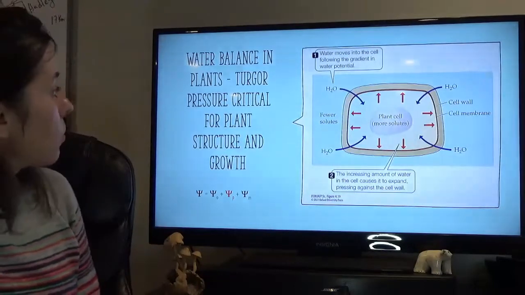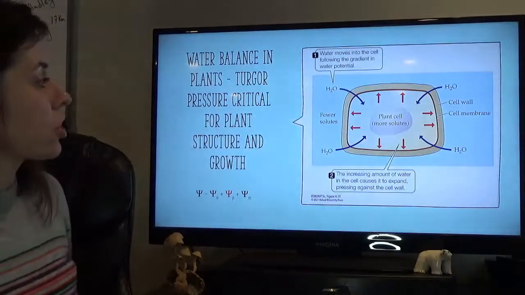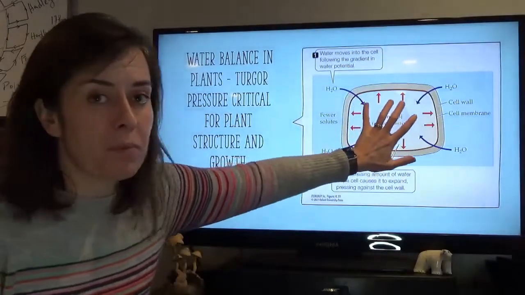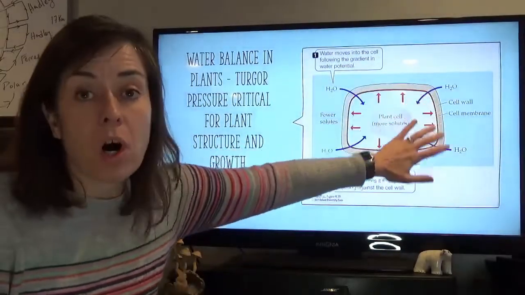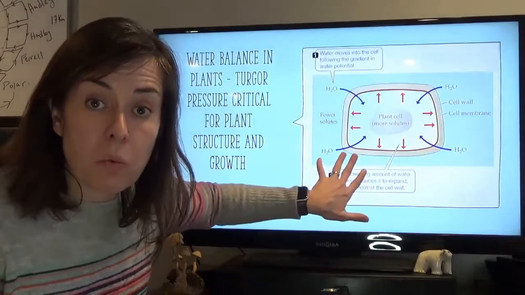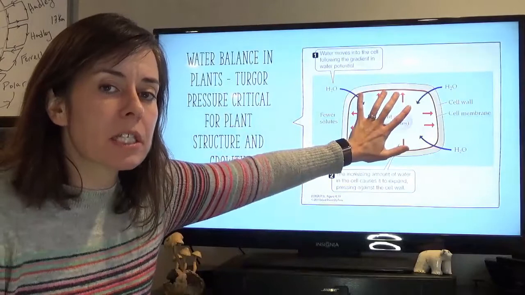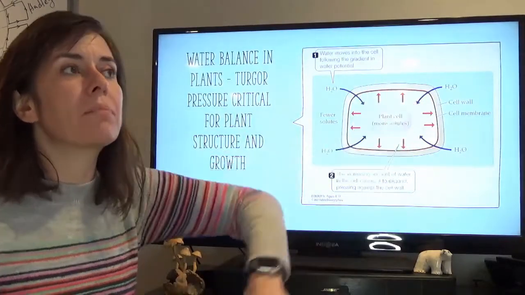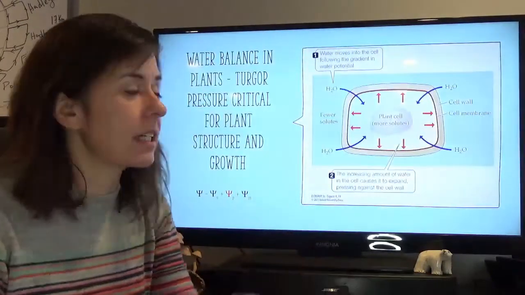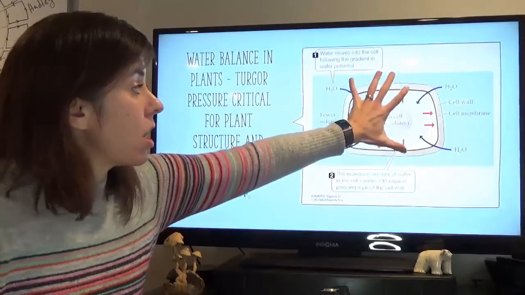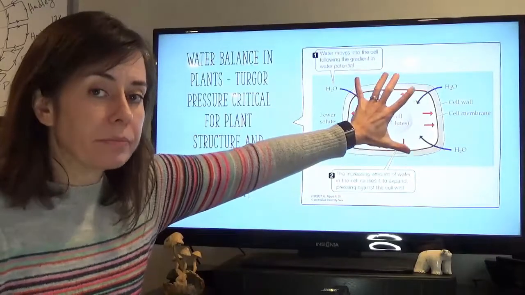So one really key thing to think about is turgor pressure. Turgor pressure is the pressure that the plant cell, so if you remember, plant cells have a rigid cellulose cell wall. The way cells expand, and the way plants avoid wilting, is by using turgor pressure, putting pressure on the cell wall.